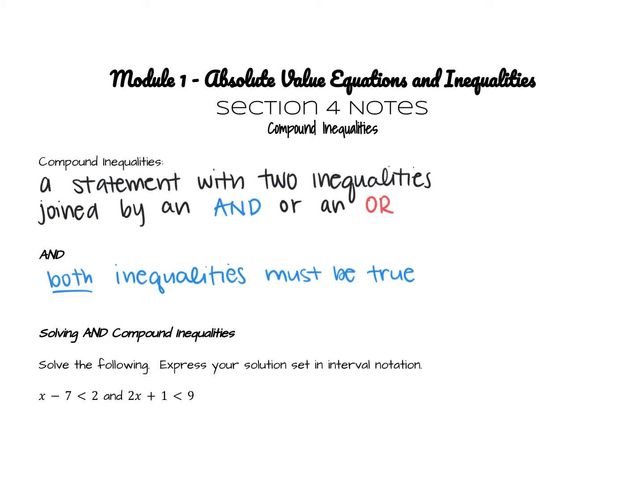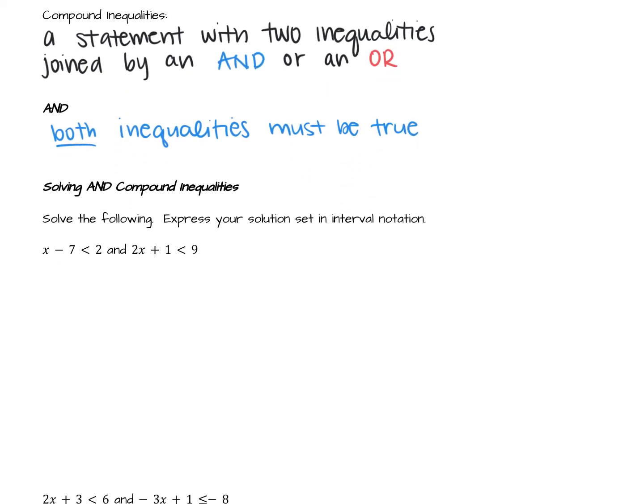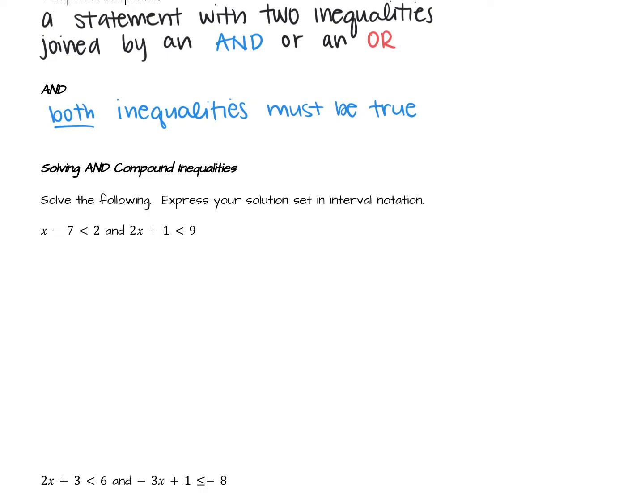So let's go ahead and take a look at solving some and compound inequalities. First we're going to look at our inequalities where we actually have the word and. When we're solving them, we solve each inequality separately. So I have x minus 7 is less than 2 and 2x plus 1 is less than 9.